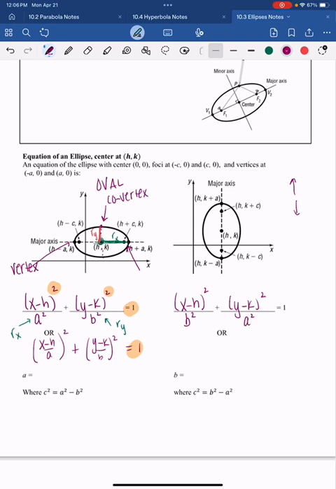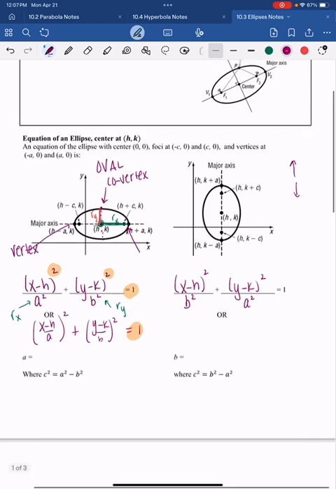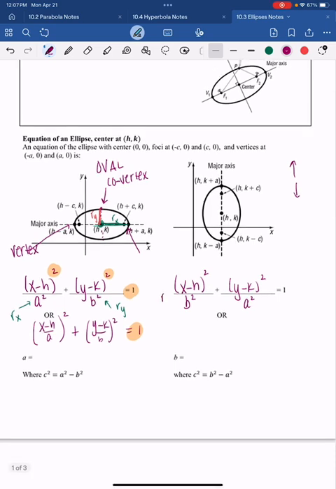The reason why I like to use the x radius and the y radius is, who cares what's a and b? The x radius goes underneath x, the y radius goes underneath y. And again, this could be written as x minus... The reason I'm using a and b is because that's what your book tends to use. And so if you're confused or looking online, some books use a and b, and some use the x radius and the y radius.